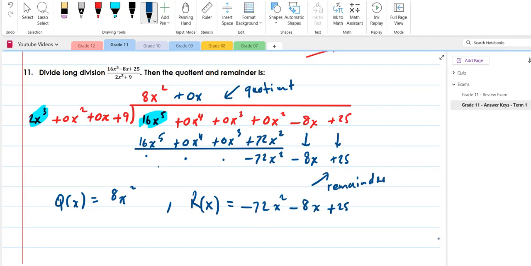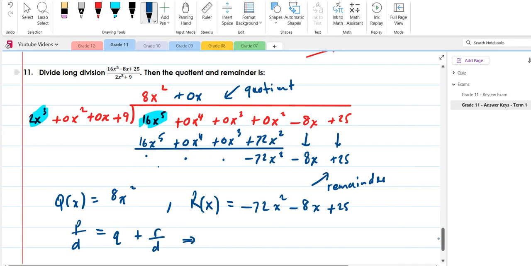And if you want to write it in the other form, where we have p over d equals q plus r over d, we have this polynomial here, which is 16x to the power 5 divided by the divisor. Let's copy that and put it here.